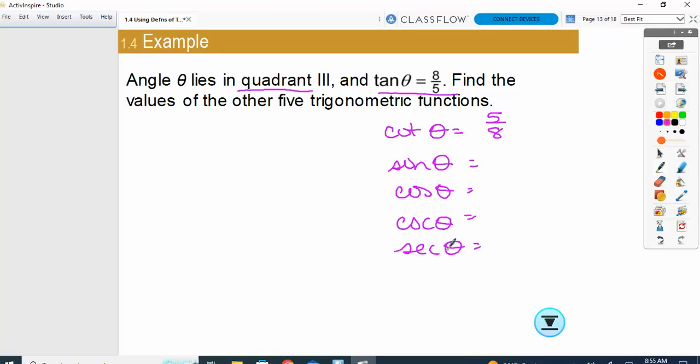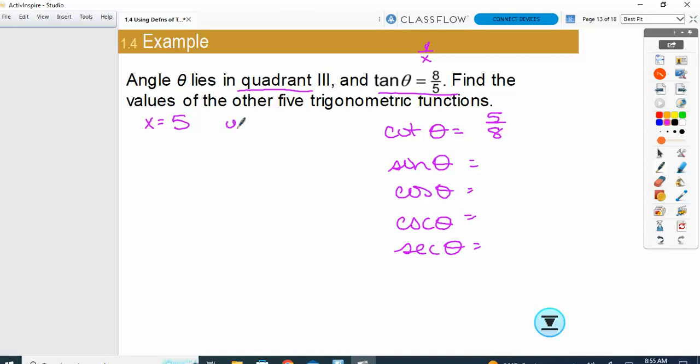All right. How can I go about getting these? What's the definition of tangent? Y over x. Okay, so this is saying then my x would be what number? 5.